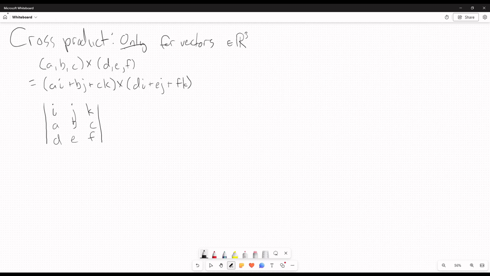So if you don't remember how to take the determinant of a 3x3 matrix, there's a bit of a more visual way to do this. What we're going to do is repeat the first and second column here. There's a reason we're doing this.